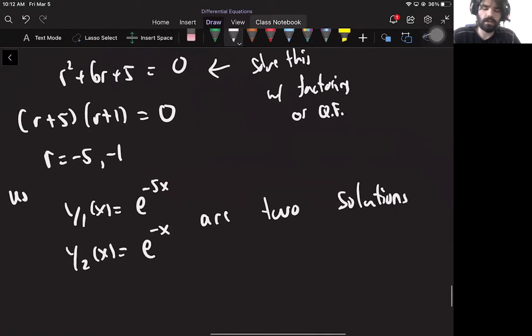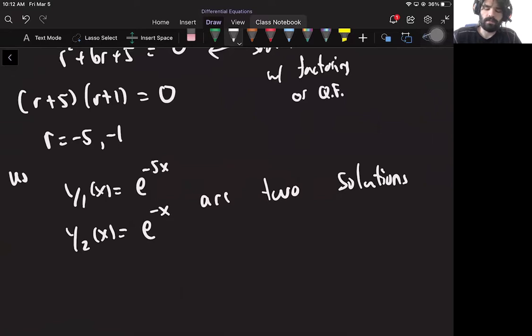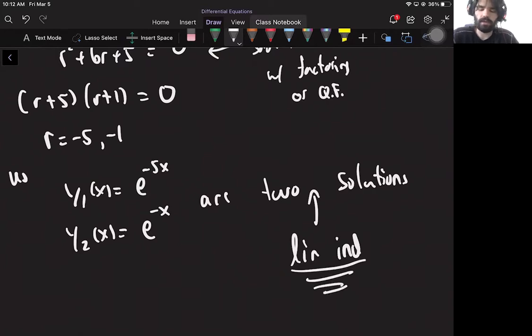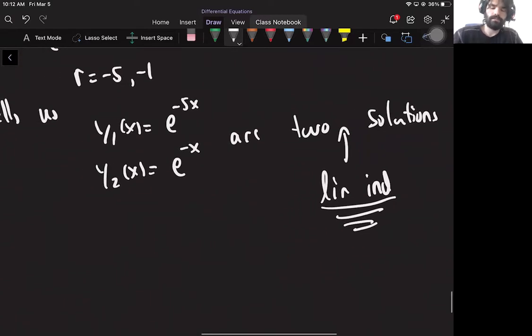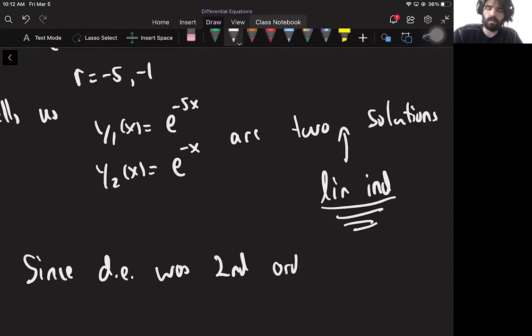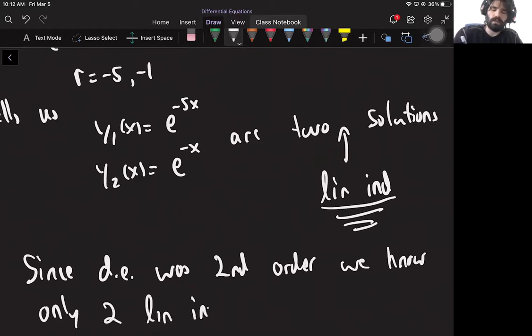But one thing to notice is not only are they 2 solutions, they are 2 linearly independent solutions. You can check that they're linearly independent, but that's the best part, because that tells us the general solution, because it's second order. Since the DE was second order, there's only going to be 2. We know there's only 2, so I'm not missing any.